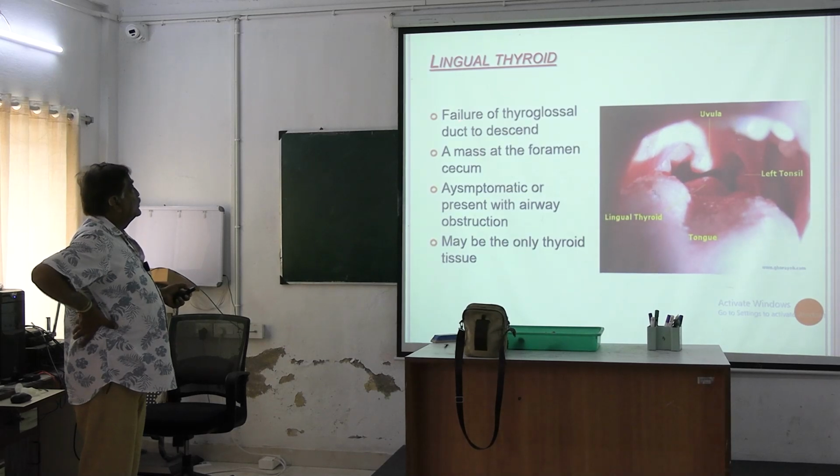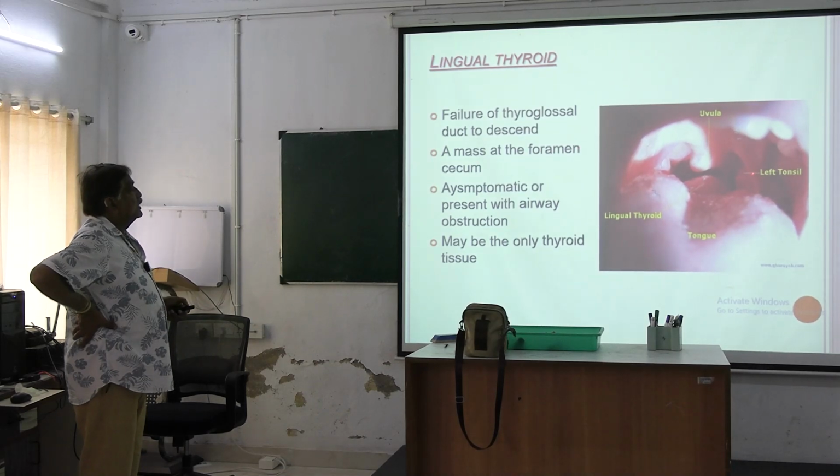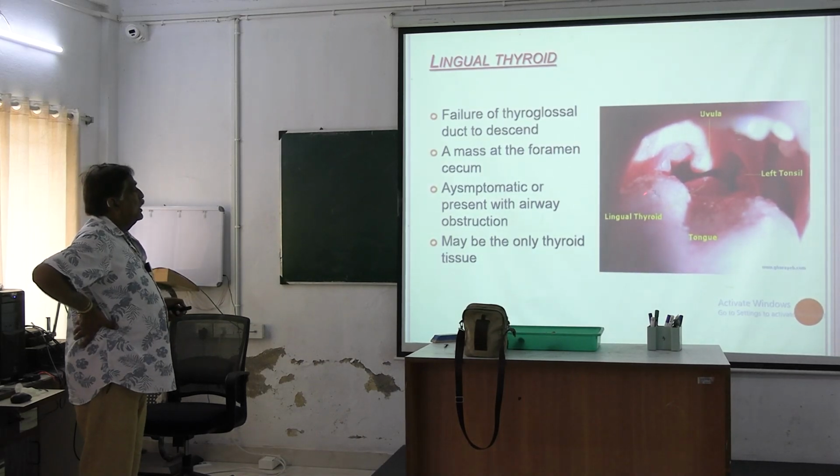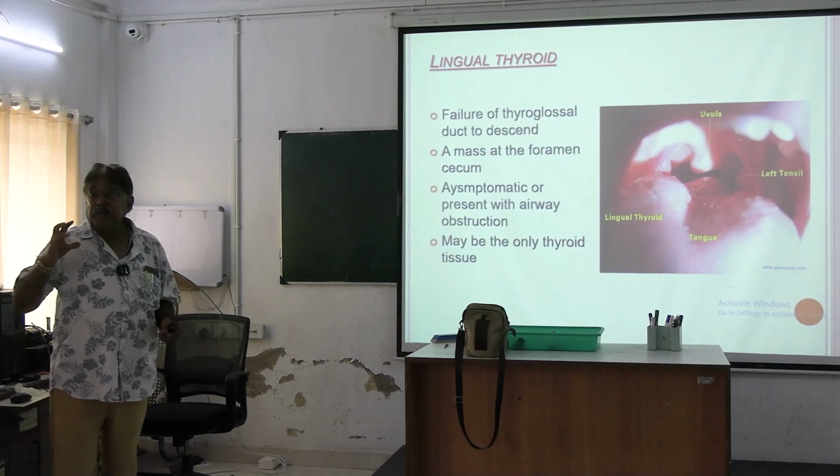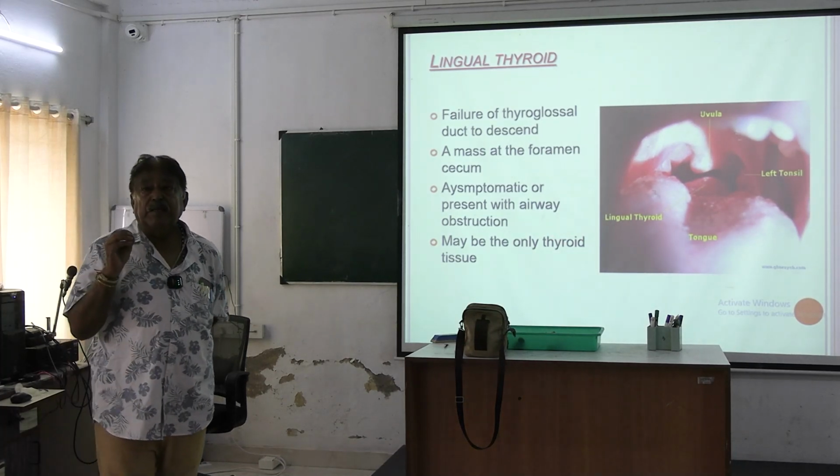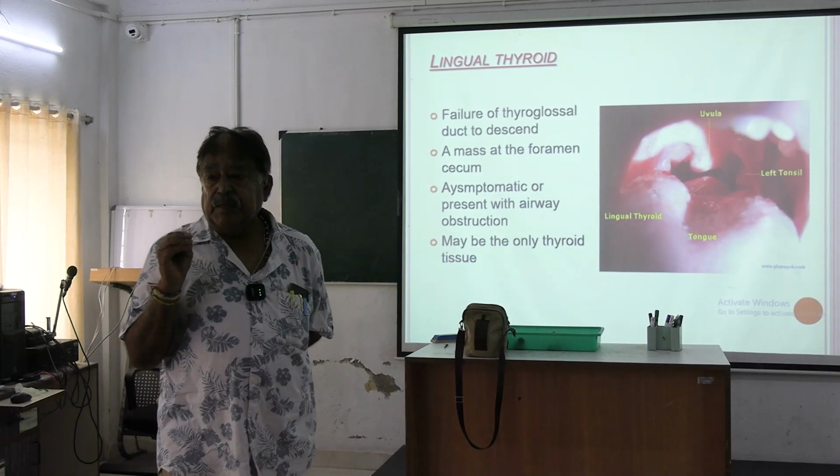Now, lingual thyroid, failure of thyroglossal duct to descend, a mass at the foramen cecum. The left tonsil, the uvula, the lingual thyroid, and tongue here. Asymptomatic or present with airway obstruction, it may be the only thyroid tissue.